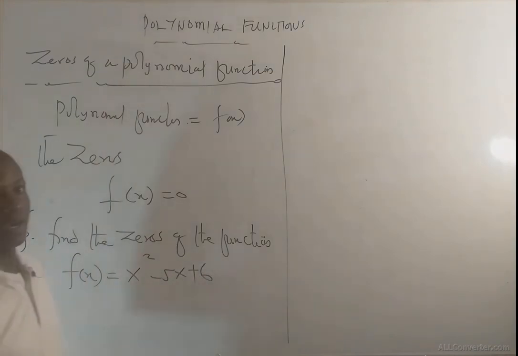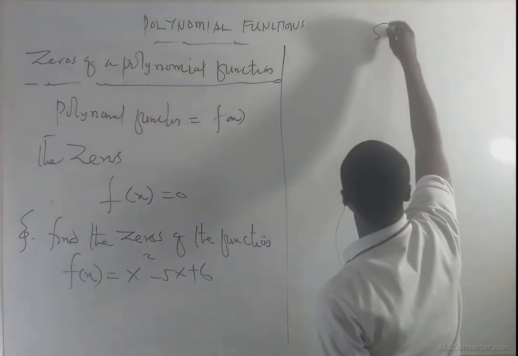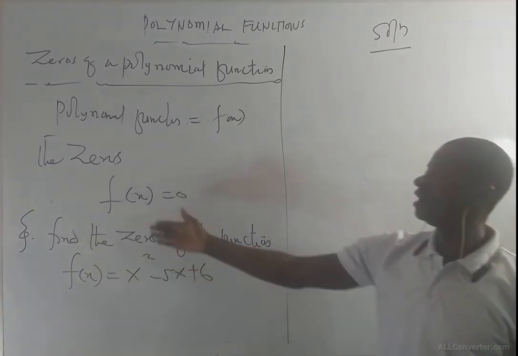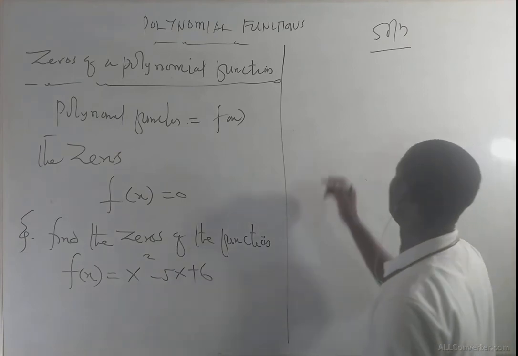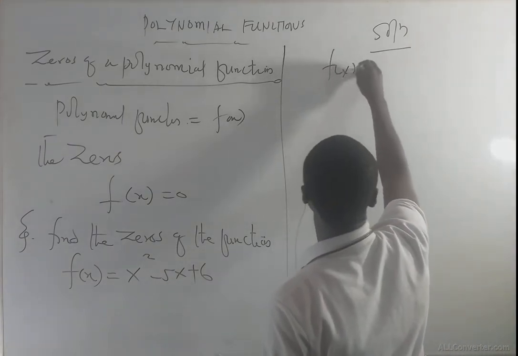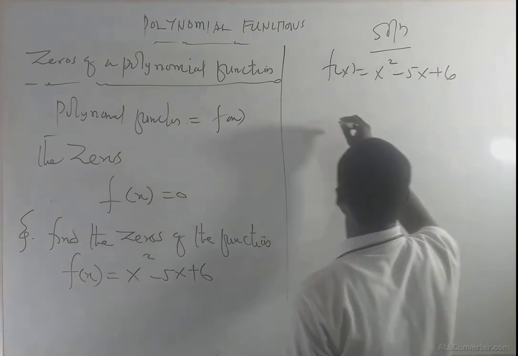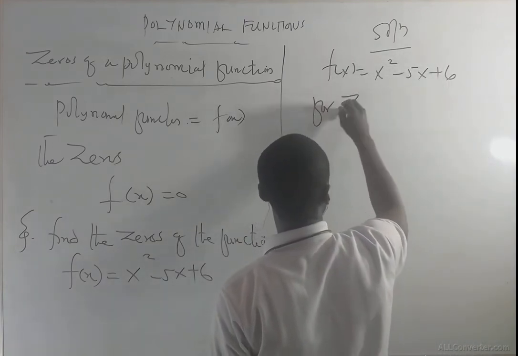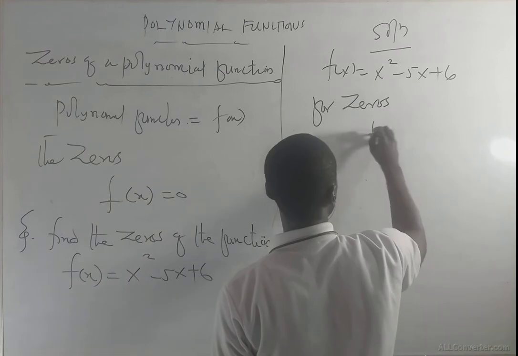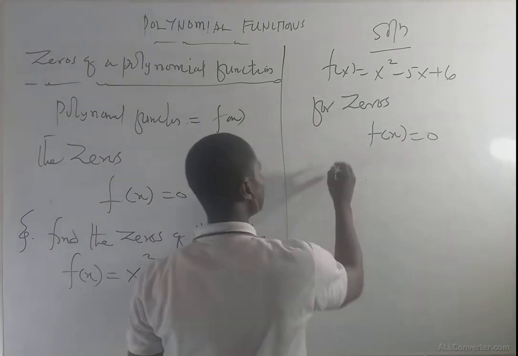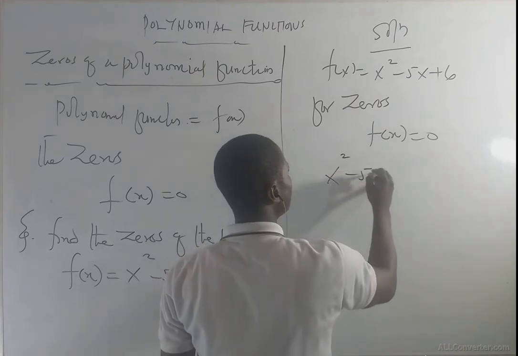If you have to find the zeros of this function, what you are saying is the zeros of a polynomial function is when the polynomial function is equal to 0. So for the zeros of that function, we have to equate the function to 0. And the function given in the question is x squared minus 5x plus 6.